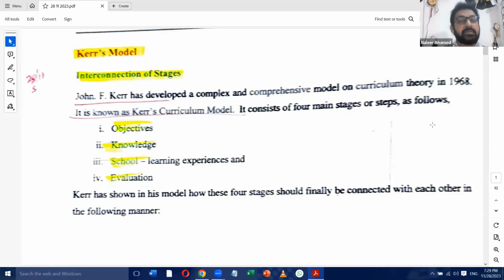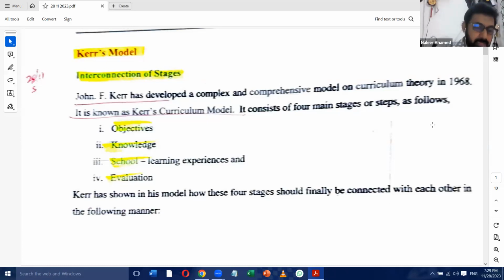John F. Kerr developed a complex and comprehensive model on curriculum in 1968. It is known as Kerr's curriculum model. It consists of four main stages or steps. As usual, the first one is objectives, then knowledge, then school learning experiences, and the evaluation.